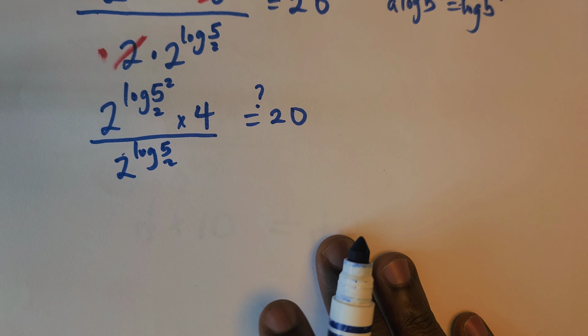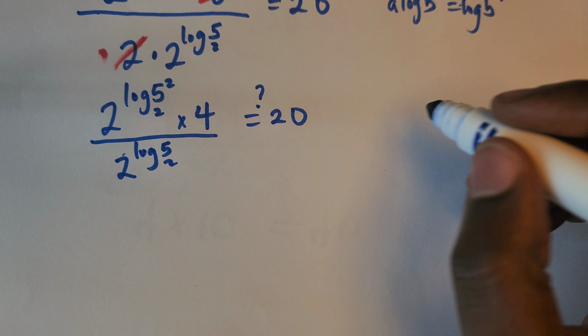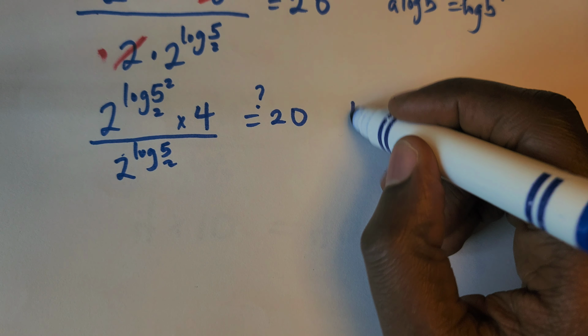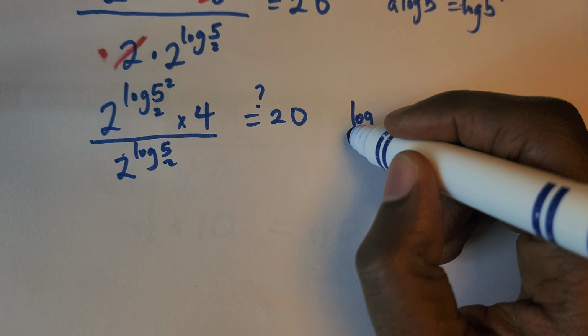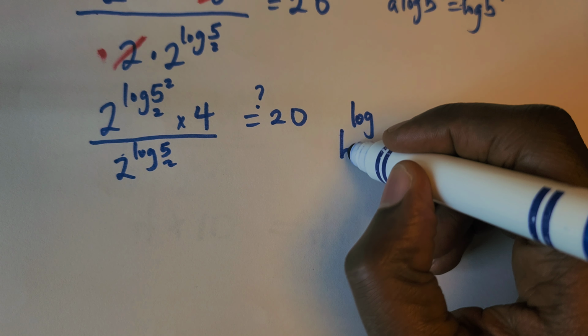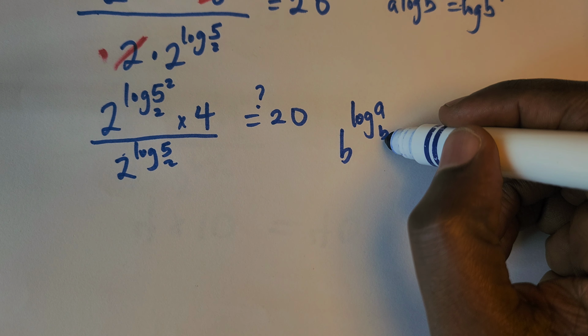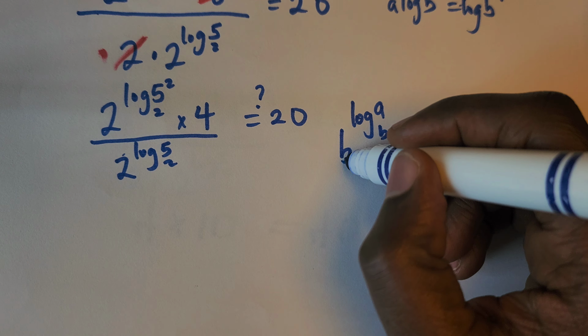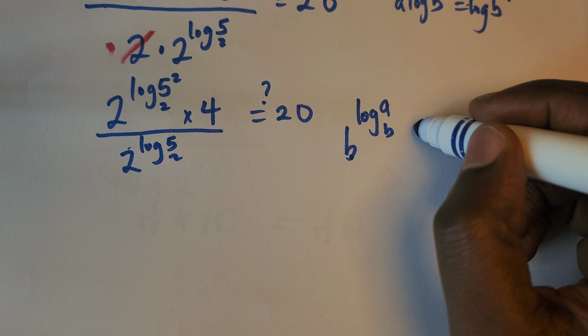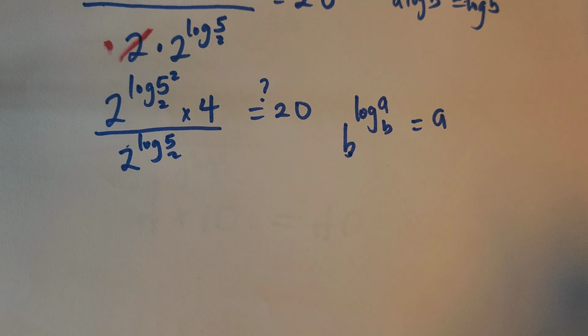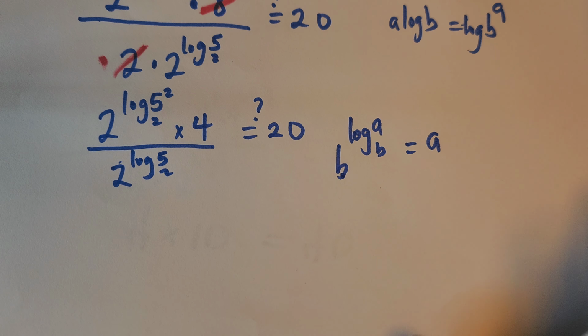Now, there's another rule of logarithm, which is: when you have b to the power of log a base b, if the base and the exponent are the same, your answer is going to be a. So I'm going to use this rule here too.